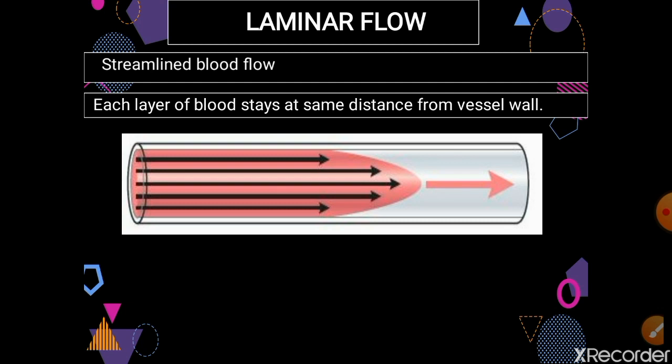In a well-organized and orderly traffic flow on a highway, all cars move in their lane. No car leaves its lane to enter another lane. And in this way, an orderly and straight traffic flow is maintained. This is exactly what happens in laminar blood flow.